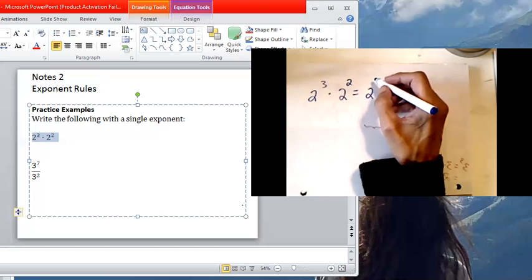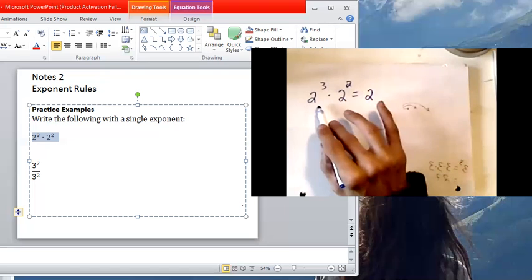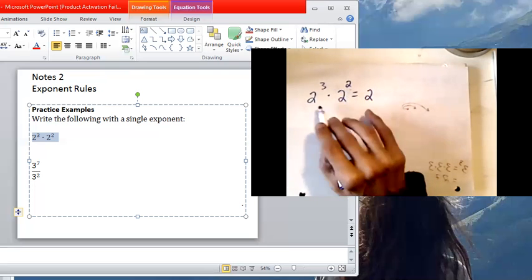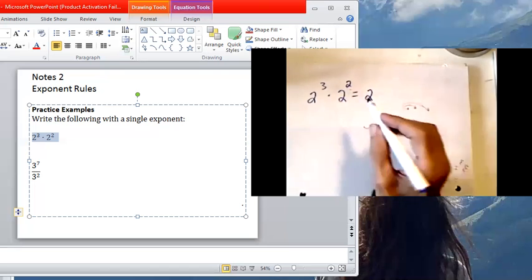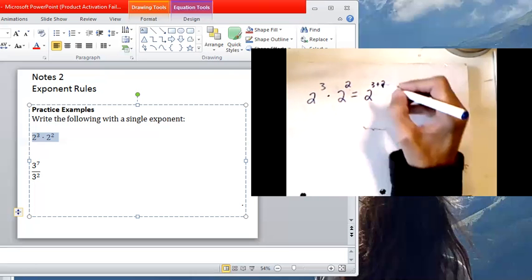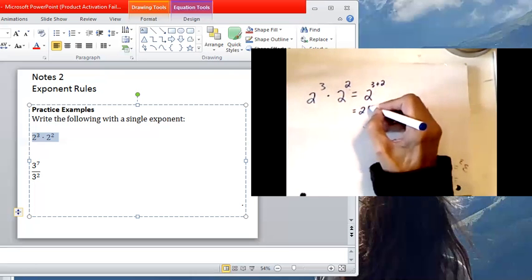How many 2s are multiplied here? 3. How many here? 2. How many altogether? 5. Nice. You add. In this situation, 2 to the 5.